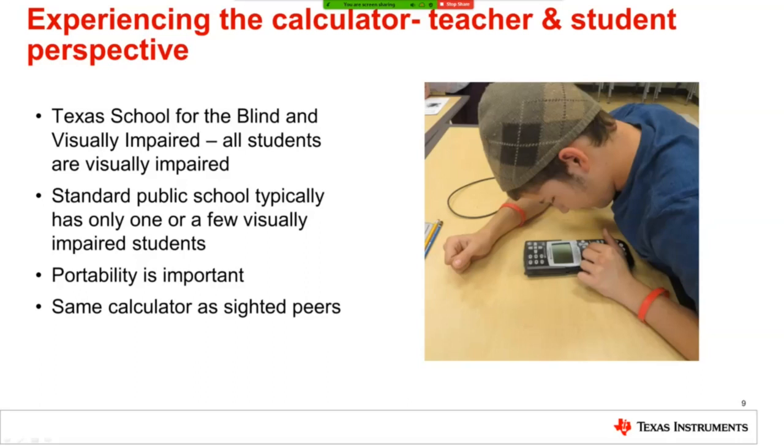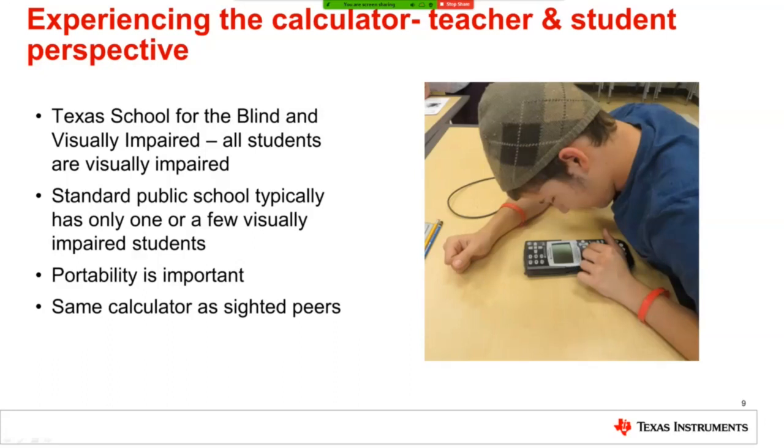But in general, they all eventually go back to their home school district around the state of Texas. All the TSBVI teachers are certified teachers of the visually impaired and are also subject area certified as well. And this is different than most public school situations around Texas, where a school may have only one visually impaired student in a class or an entire school.